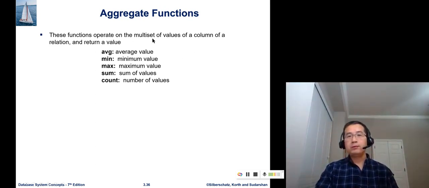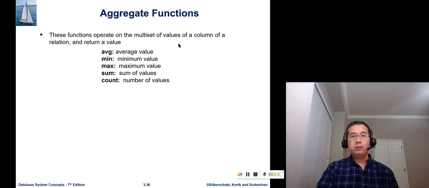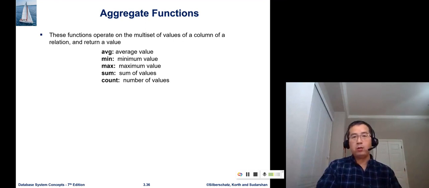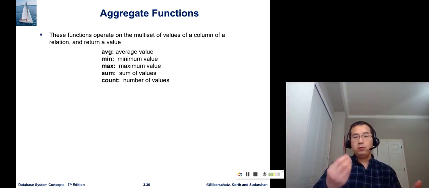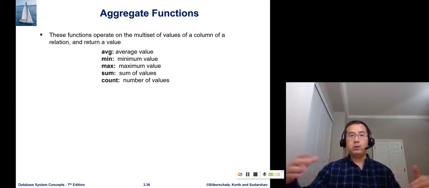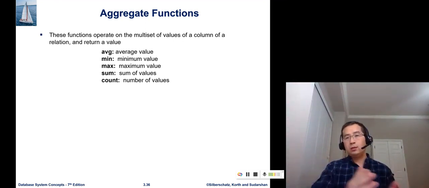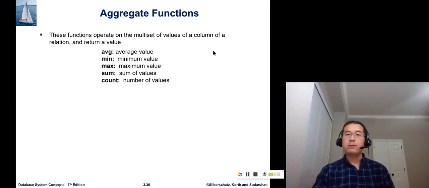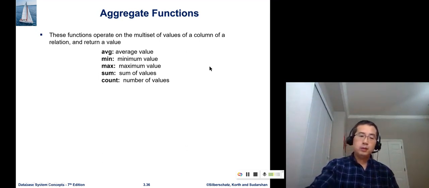Okay, a multiset of values of a column of a relation. Usually it will apply to one column. Of course, we can also apply it, for example, to count how many records in total there are for the students. Okay, that's also possible. That means we still apply it on columns, but on all the columns, across all rows, as a whole. Okay, so the idea is similar.